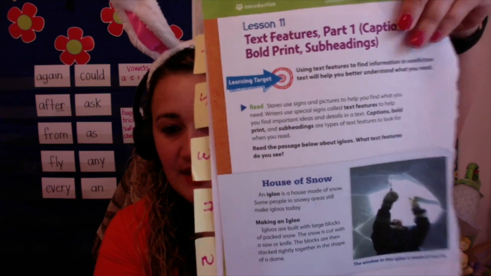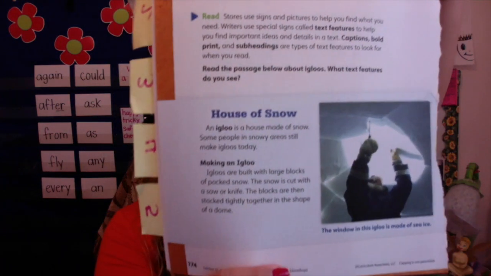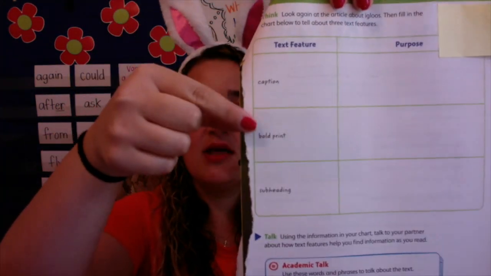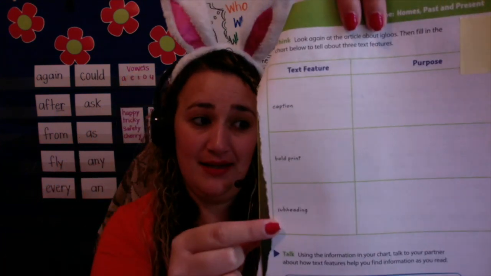Day 1 is on page 174. And we are going to look at this little article called House of Snow. You're going to read the information. It's a nonfiction piece. And you're going to look for these type of text features: the caption, the bold print, and the subheading.